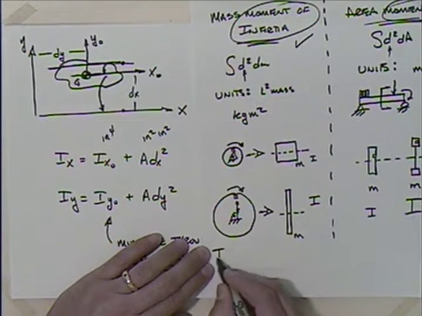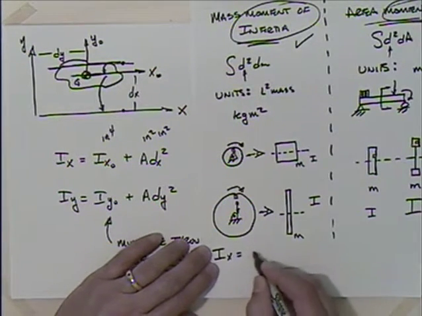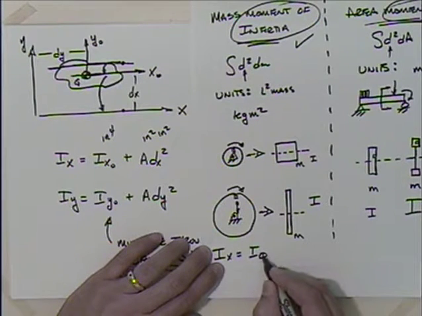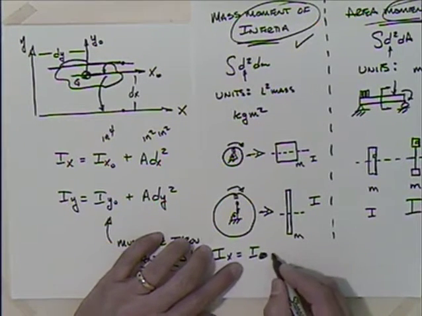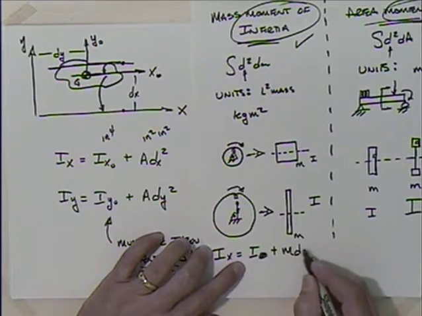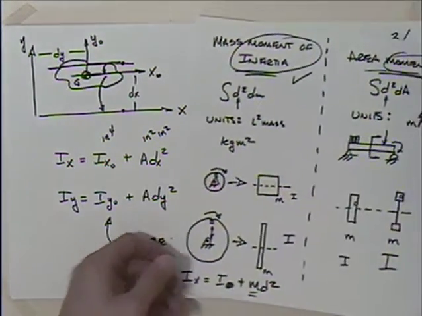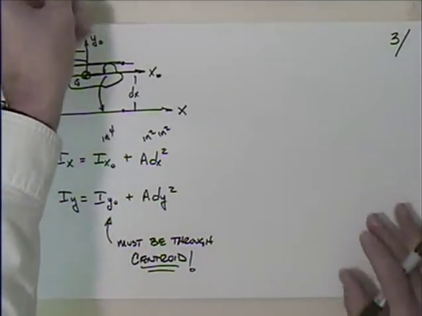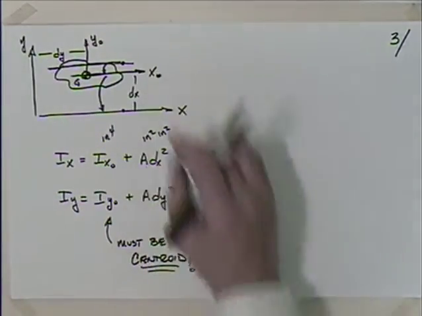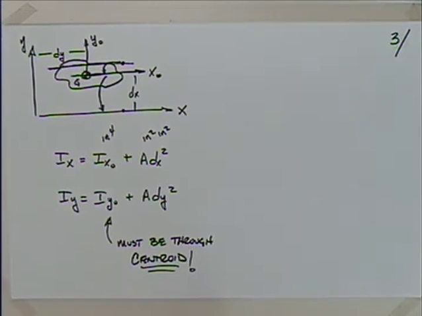You probably had I about x equal to I through the mass center plus the mass times the distance squared, right? Instead of the area, you had the mass term. So a very similar expression, again just shifting, the parallel axes theorem.